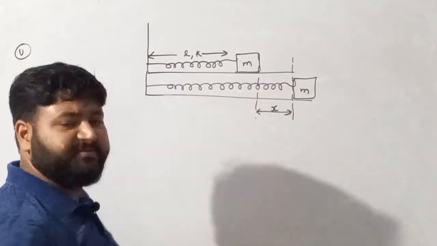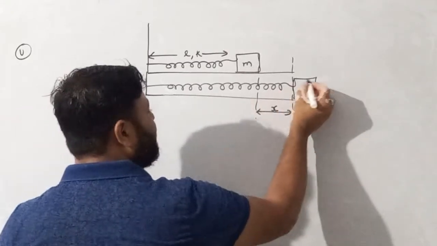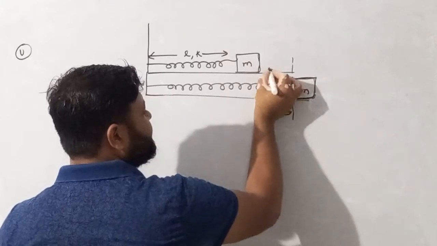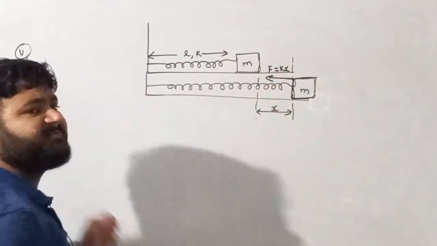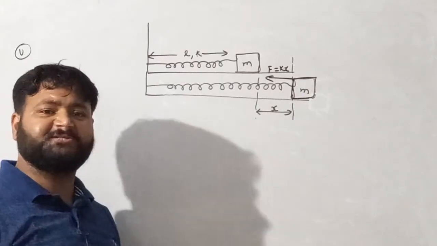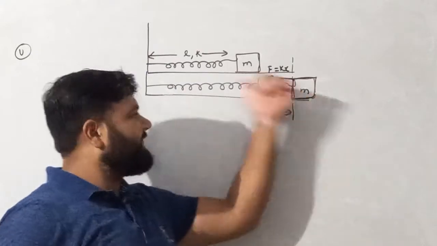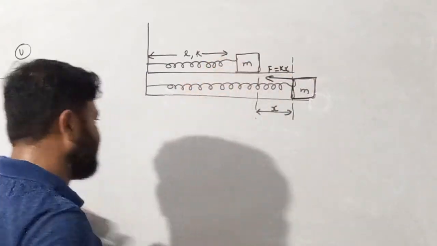Spring always wants to stay in its natural length, which means the spring force applied by the spring on this block is in this direction, we can say inward. So remember, if the spring is elongated, then the direction of spring force is inward.